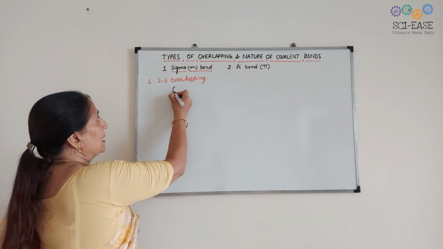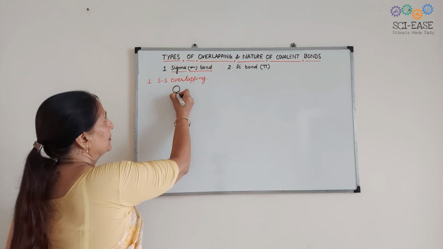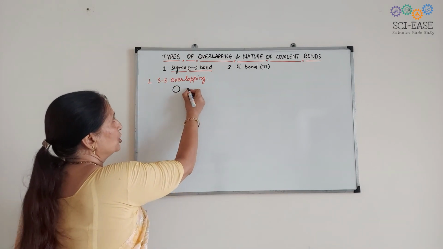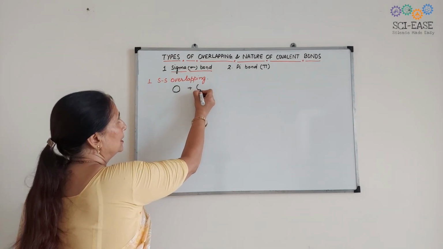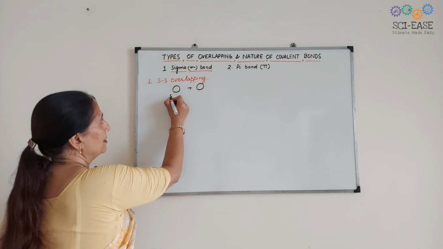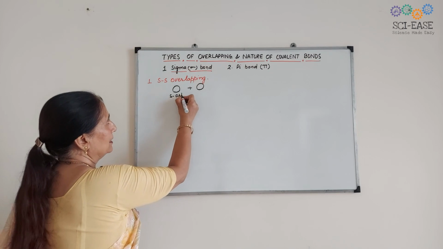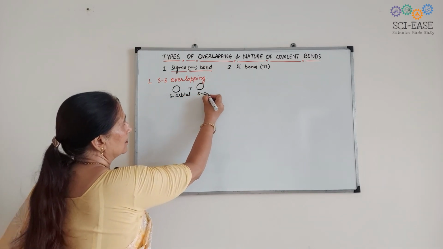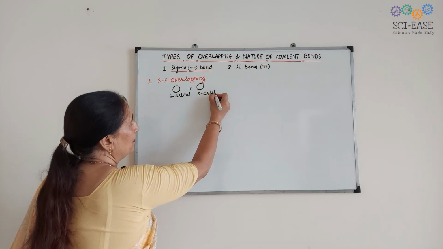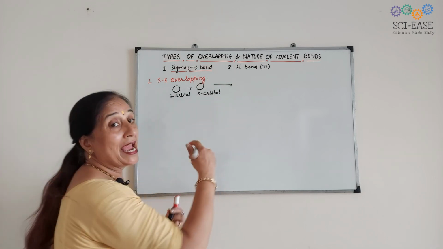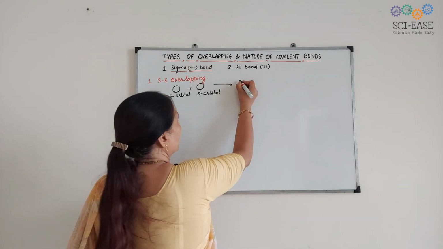Suppose this is one s orbital that is spherical in shape, that you know. The second s orbital is again spherical in shape. So what will be the result? This will result in SS overlapping.